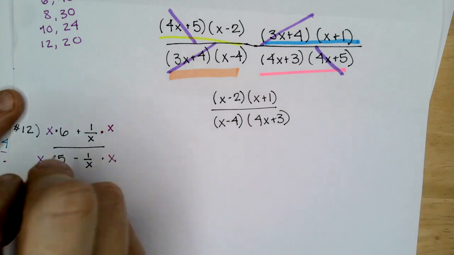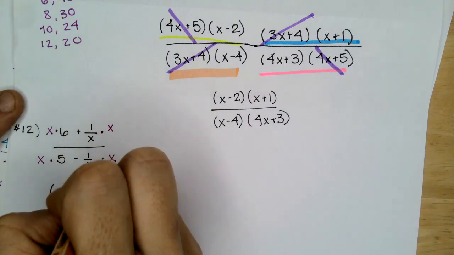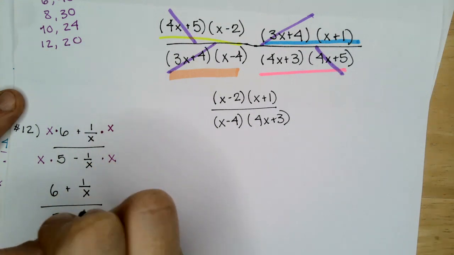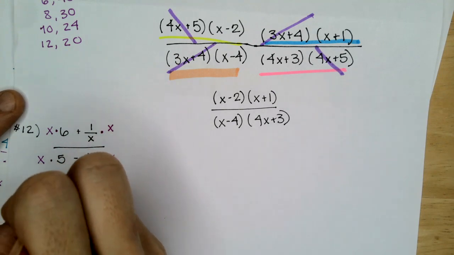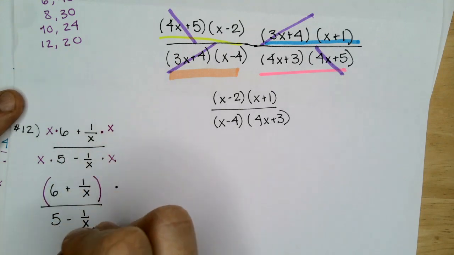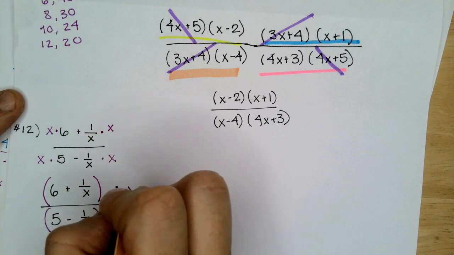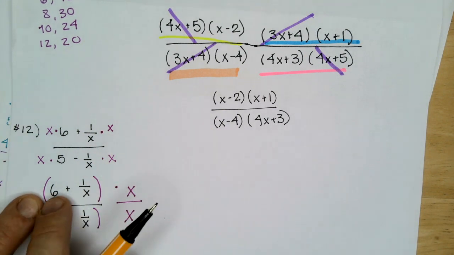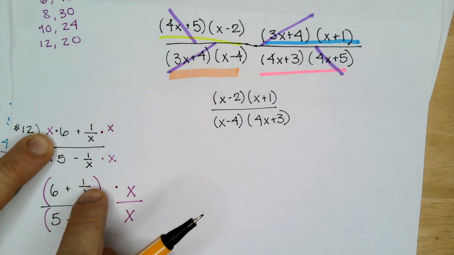Okay, basically what I've done is we had 6 plus 1 over x over 5 minus 1 over x. And I said I want that x gone, so I'm going to multiply the top and the bottom of the fraction by x over x. So now I'm multiplying 6 times x plus 1 times x over x.